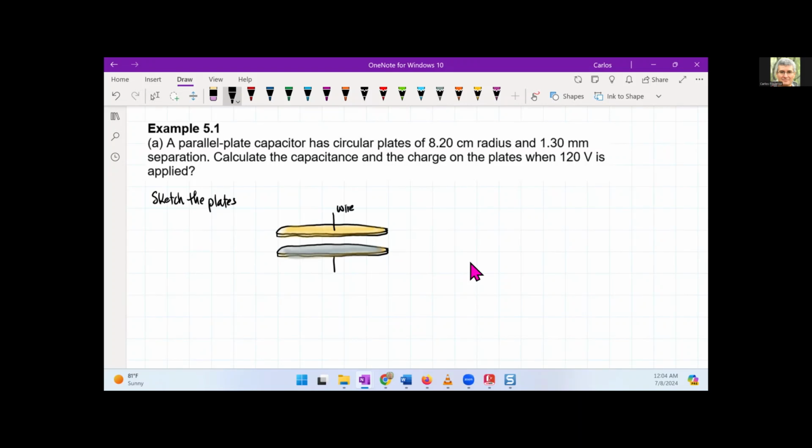This plate is going to have an area A. And then I have a plate separation. Between here and here, this is going to be my plate separation, little d.